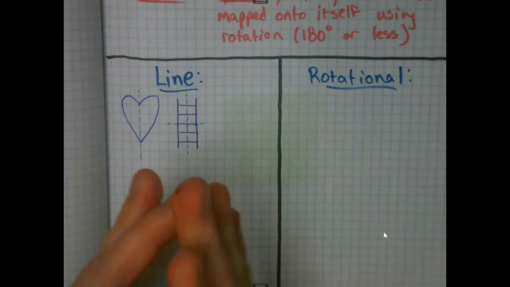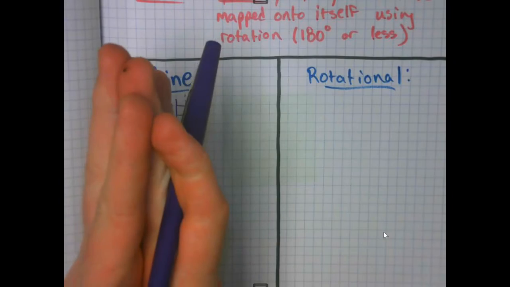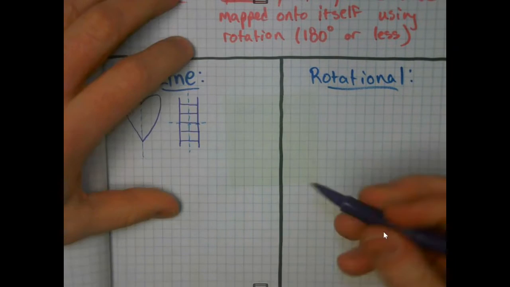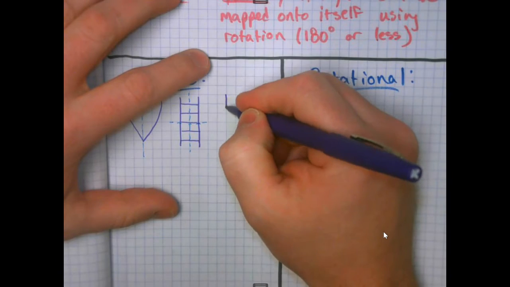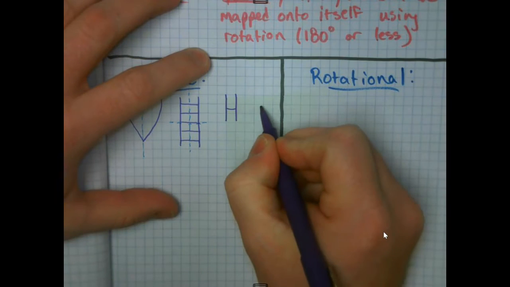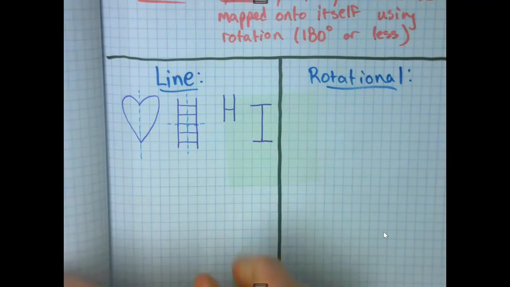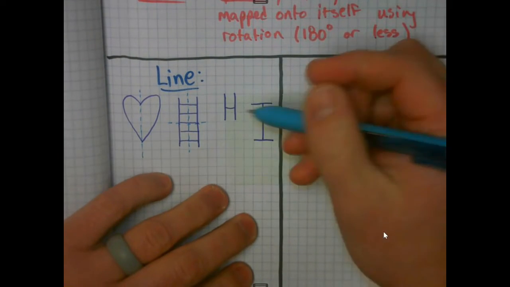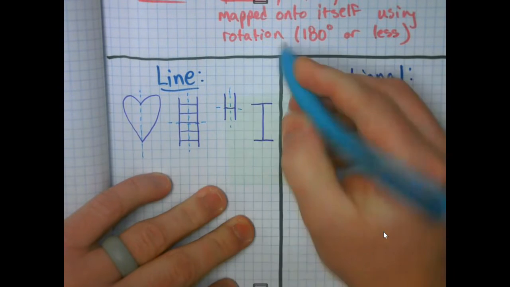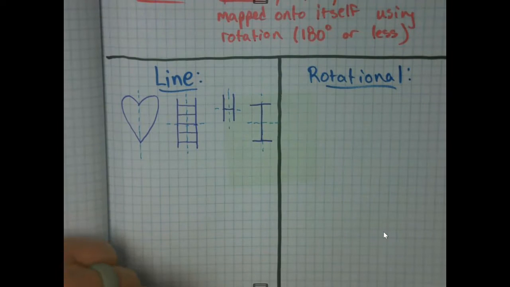If I fold my object on this line of symmetry, the left and the right, or the top and the bottom, should exactly line up on one another. We could look at letters such as H, which is kind of like your ladder, or the letter I. Both of those have two lines of symmetry, depending on how you draw them. So I is there and there. So that's some line symmetry.